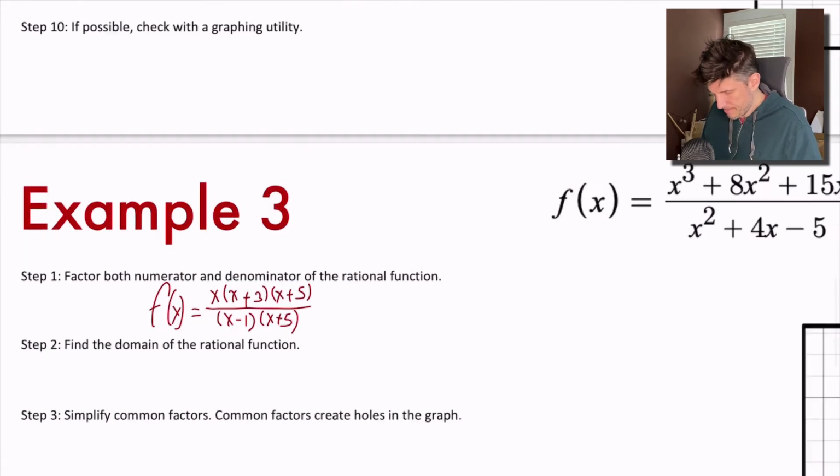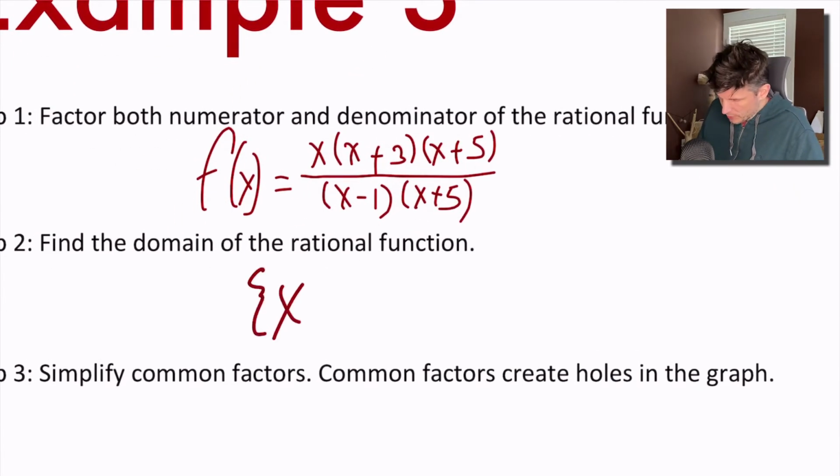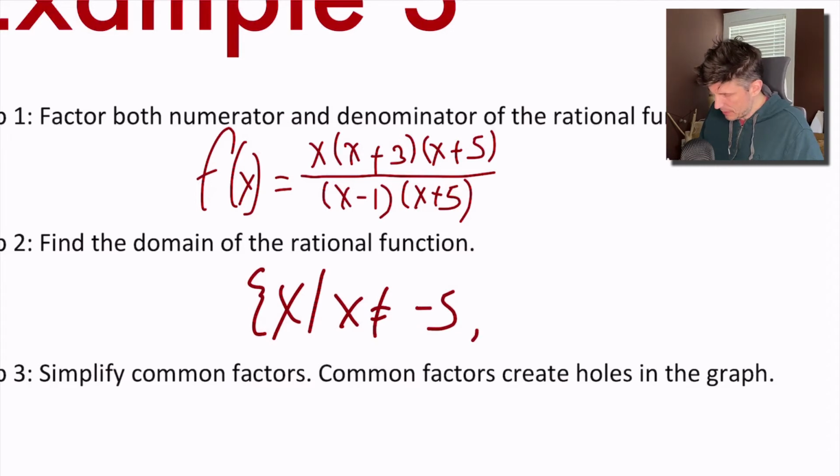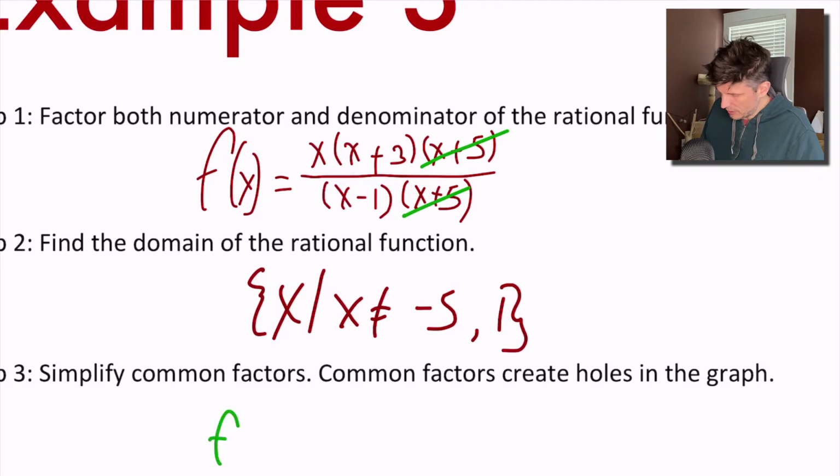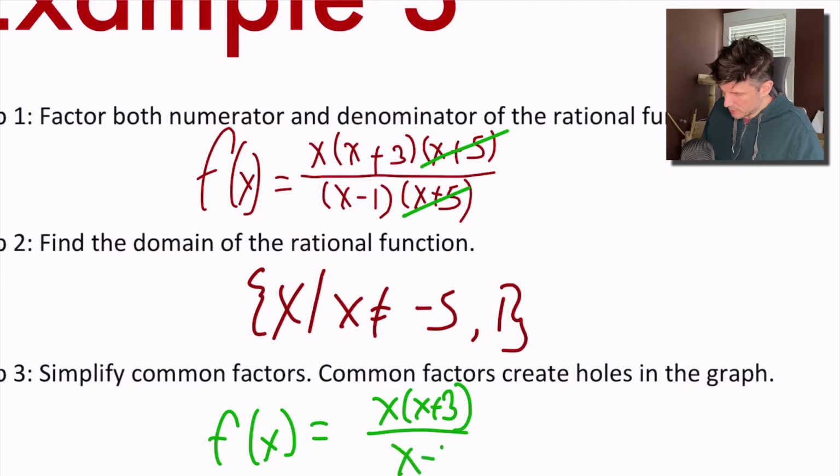State the domain. We have all real numbers such that x cannot be negative 5 and it cannot be 1. I see that these two are going to divide out now. So I can restate my function. I'm going to actually leave it in green. f of x equals x times (x plus 3) over (x minus 1).